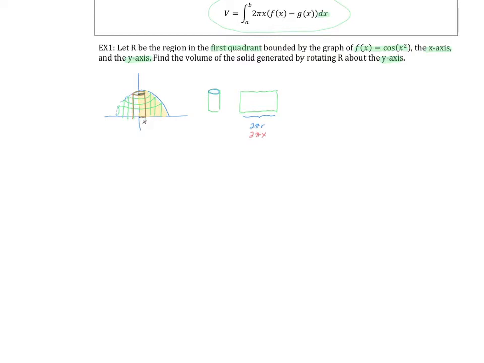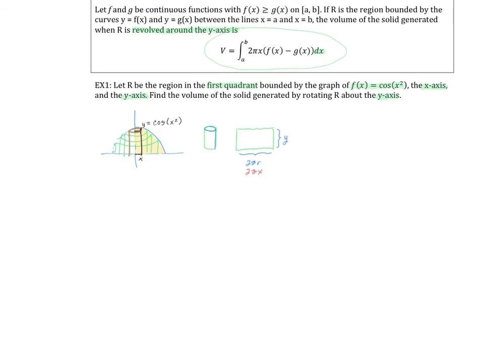And when we look at the height of our cylinder, our height is a y value. So notice this height here. It corresponds to the y value on our graph. In our case, our y value is the cosine of x squared.